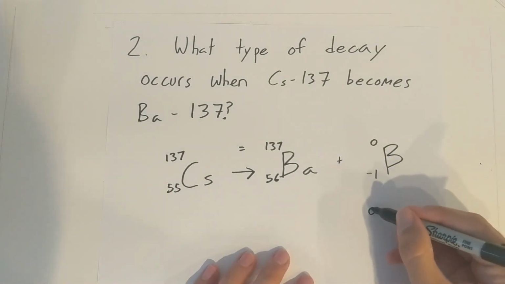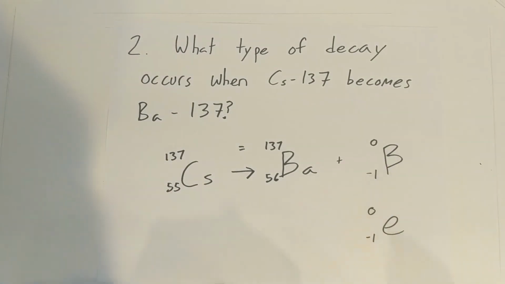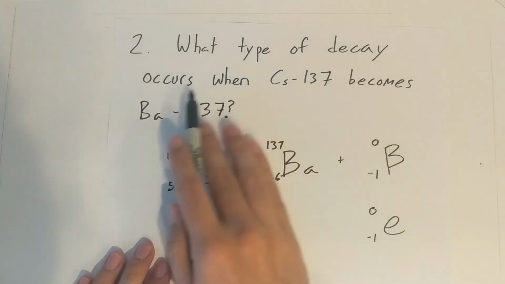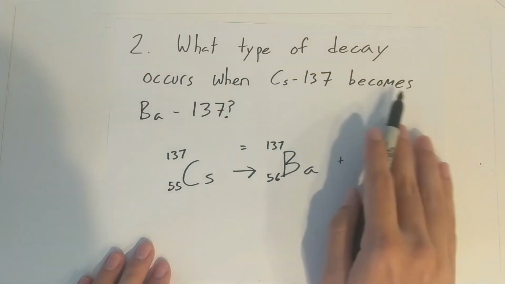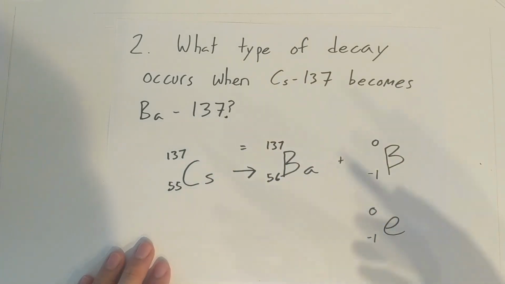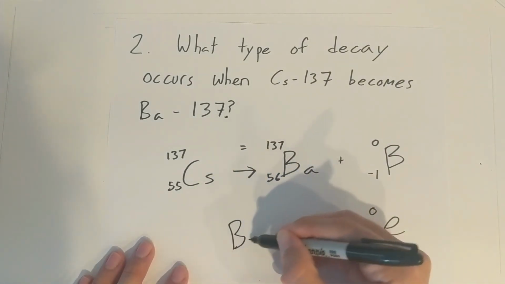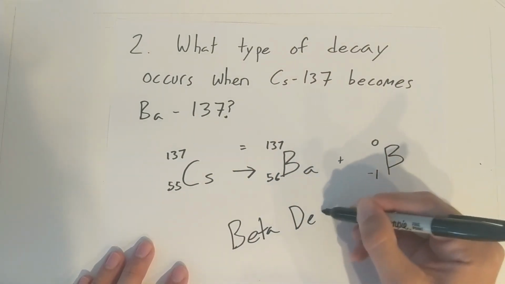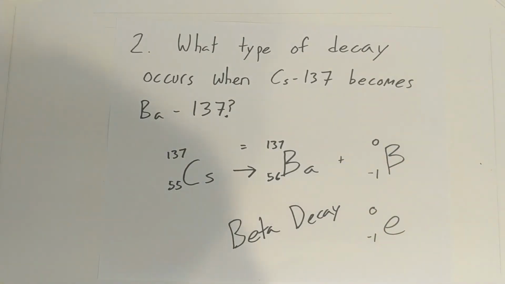Another way you could write this would be like that. So the question is, what type of decay occurs when cesium-137 becomes barium-137? And the answer would be beta decay.